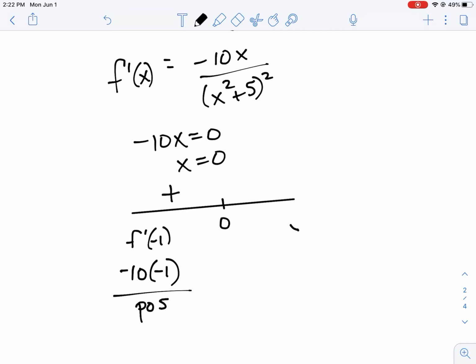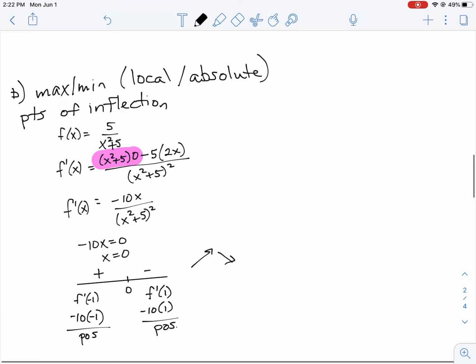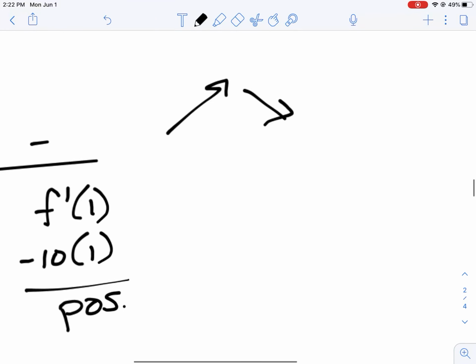So it's increasing here. On the other side, let's do positive 1. Negative 10 times positive 1 is negative, and the bottom is still positive regardless of what x is. So it looks like it's increasing and then decreasing, so this is going to be a maximum.